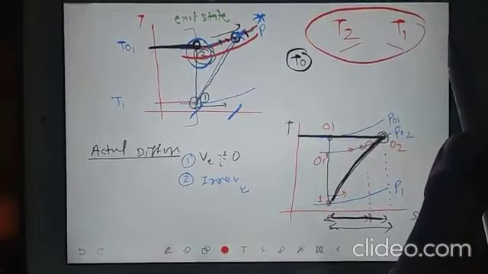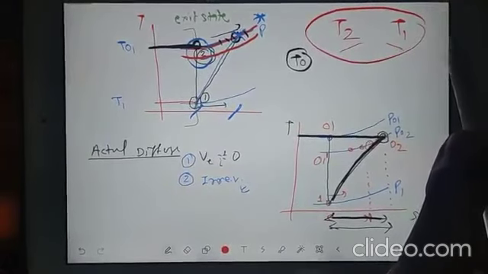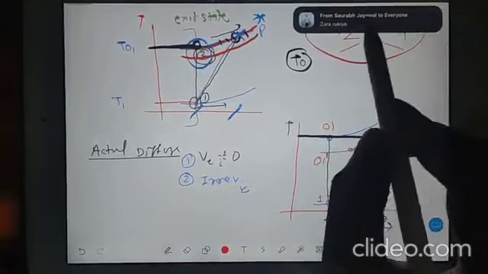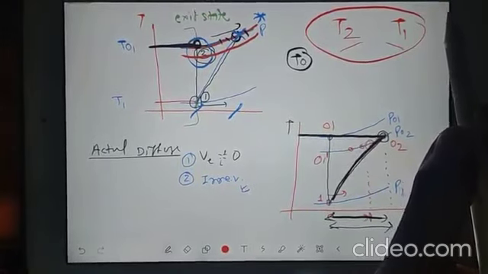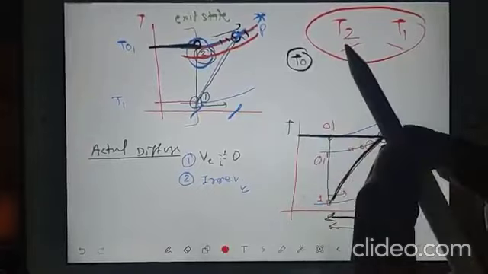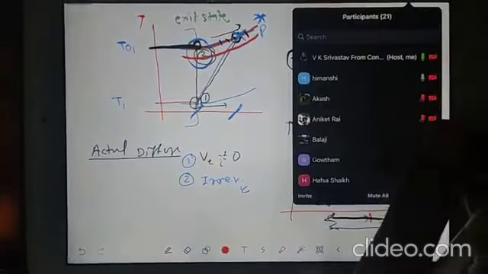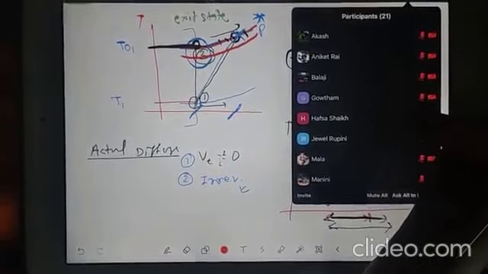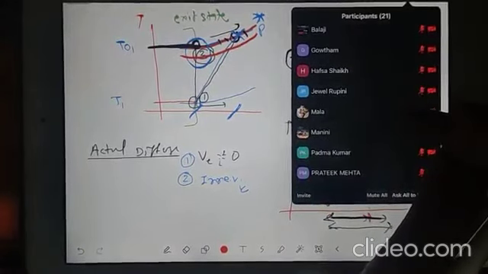T2 will be more or less? You have doubted. You are not sounding confidently. Okay, very good. You should be very, very confident about this. Your answer is correct.